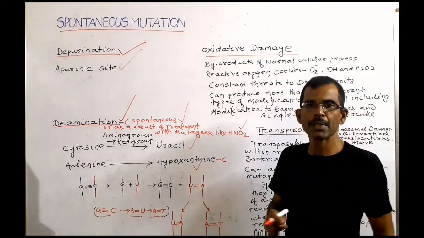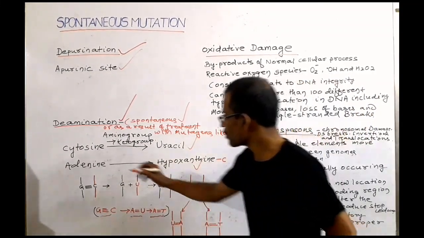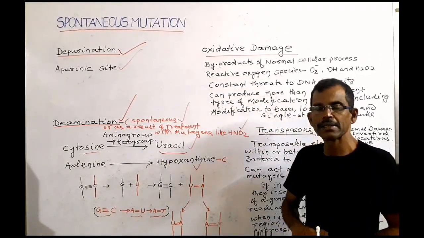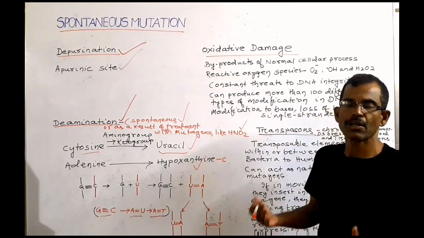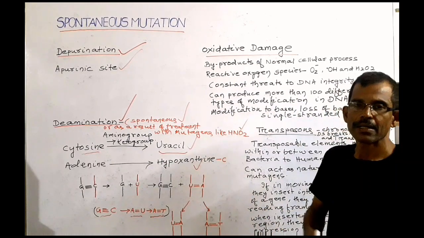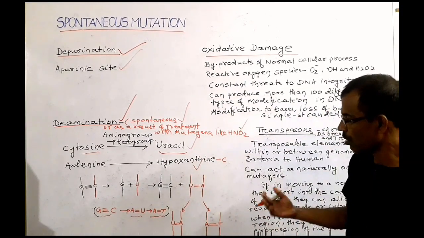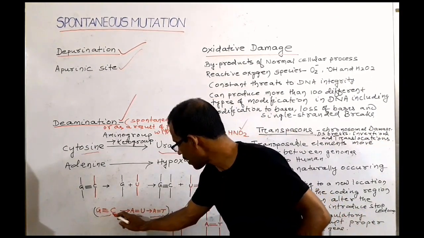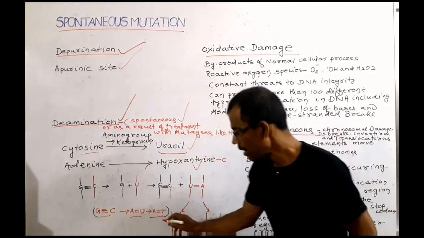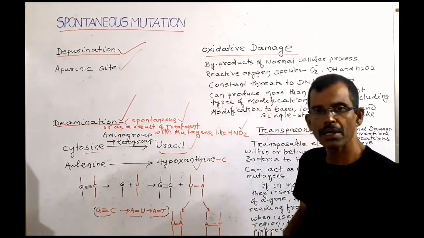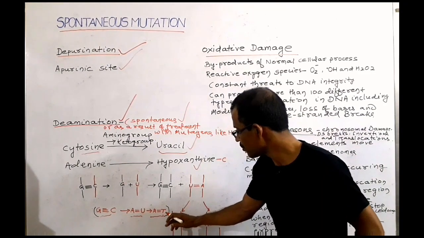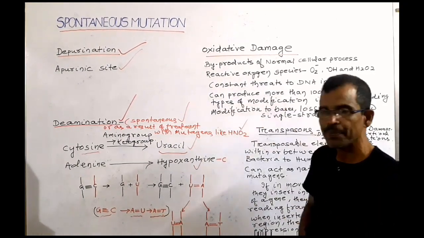When cytosine is converted into uracil, there will be a transition mutation, involving the transition of GC base pair to AU base pair, and in the next round of DNA replication, the AU base pair will be converted into an AT base pair.